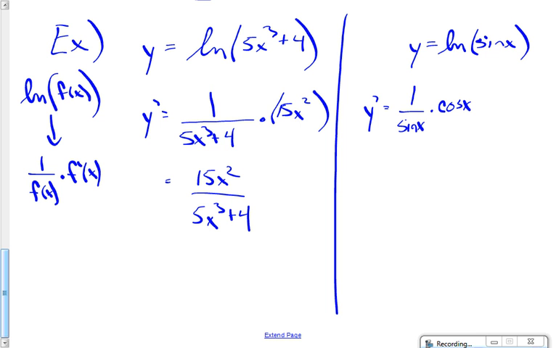Cosine. What's cosine over sine the same as? Isn't that weird? Like, I can't even explain it sometimes, guys. I think math is really cool. The derivative of the natural log of sine of x, you can't even explain it. Natural log of sine, a composition of two weird transcendental functions, all of a sudden becomes a cotangent function.